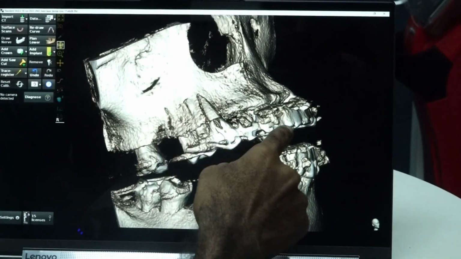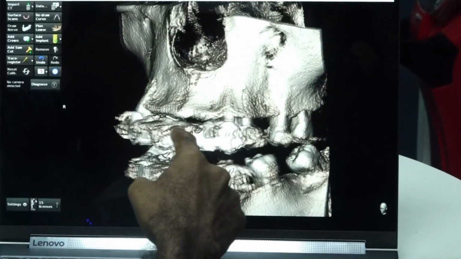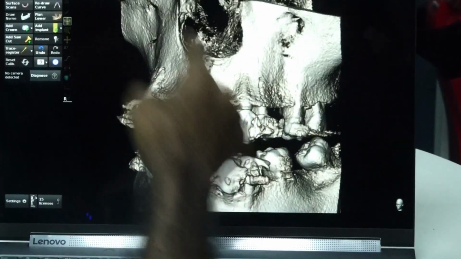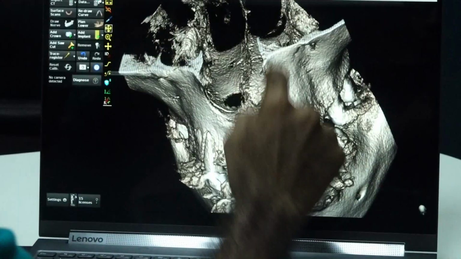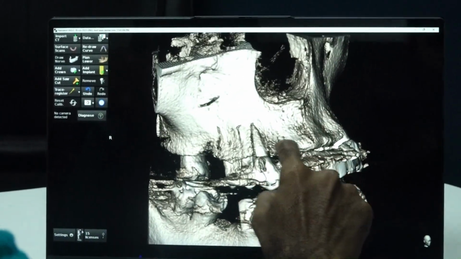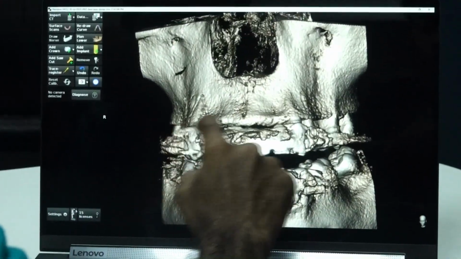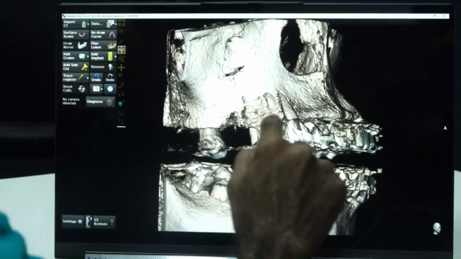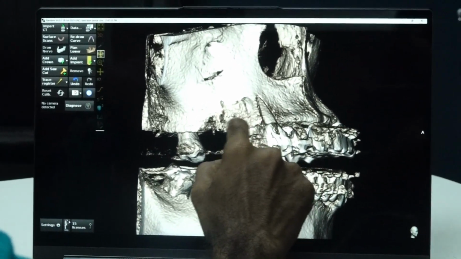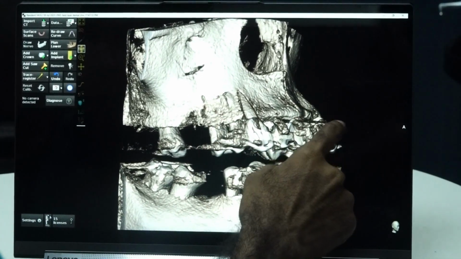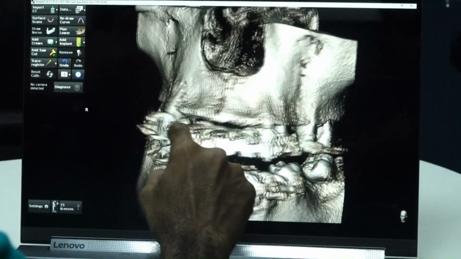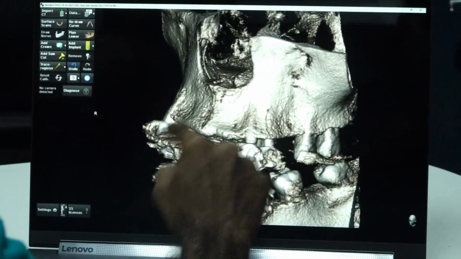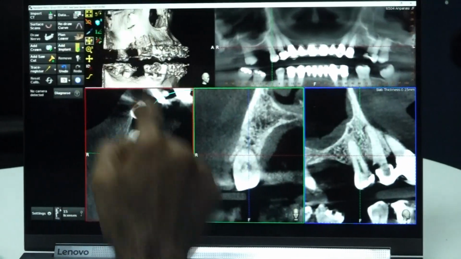Otherwise this plate may fracture and it will complicate the implantation procedure. Better to remove 2 mm of bone buccally with a bur, then we can do the extraction. Otherwise we may lose the entire buccal bone.